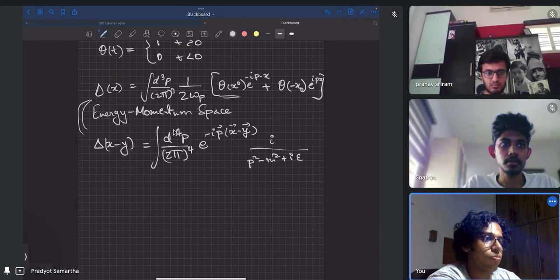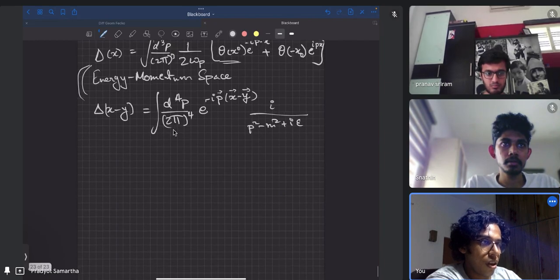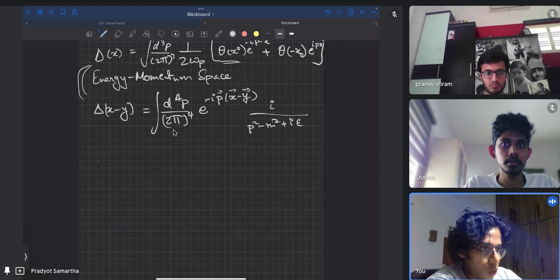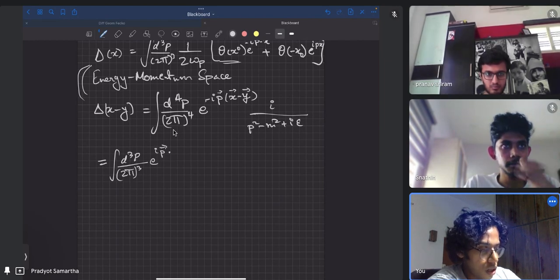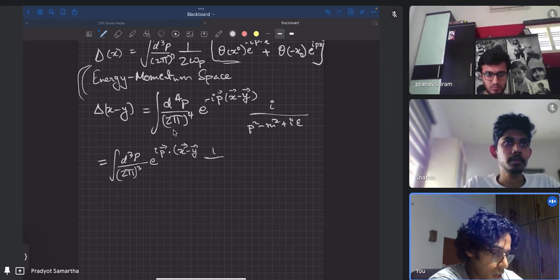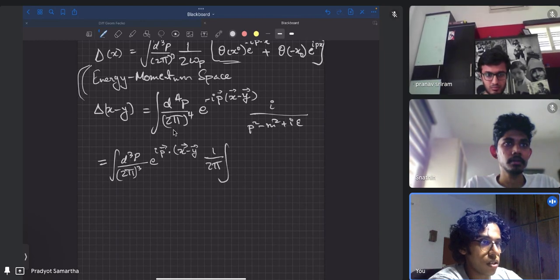So what happens is you want to write this down in terms of your d3p by (2 pi) cubed, and then e to the power of i p dot (x minus y), and then now you have your 1 by 2 pi integral of dz.